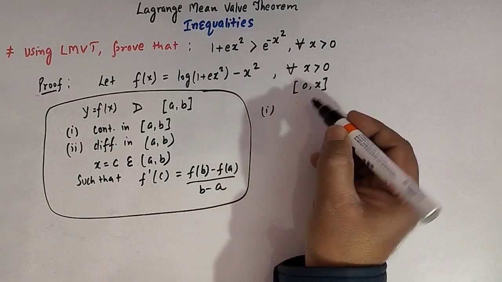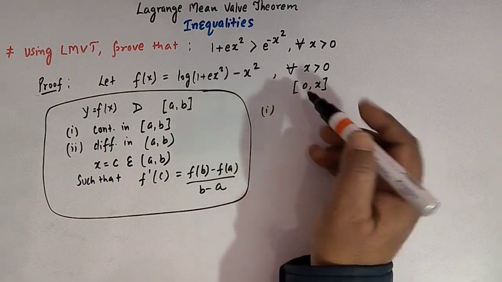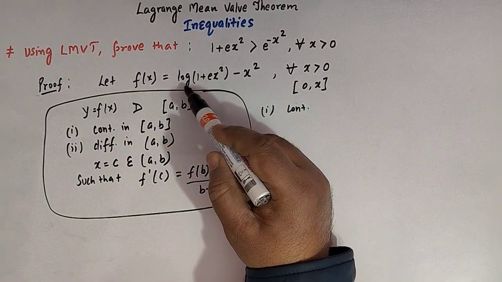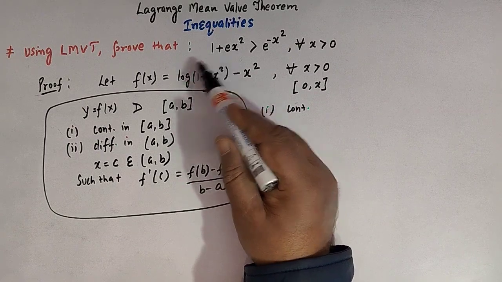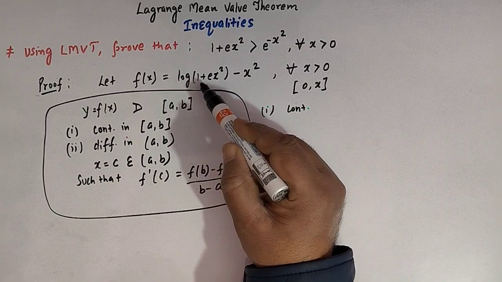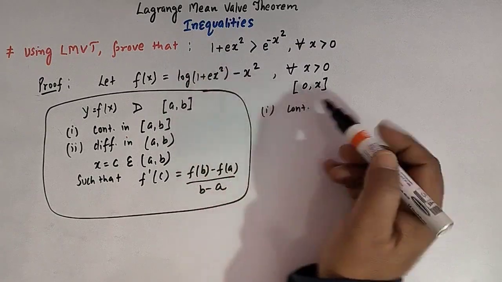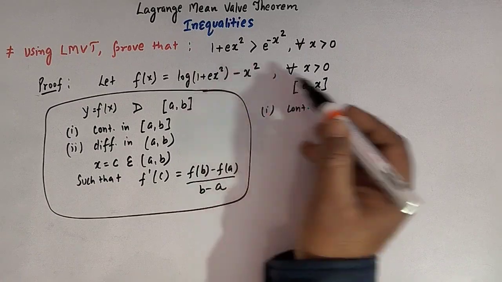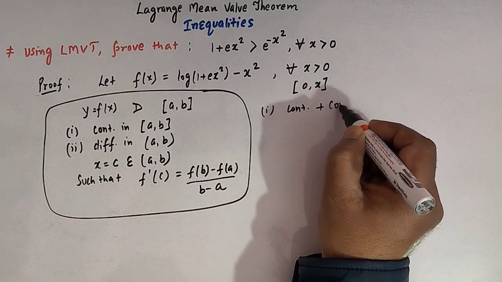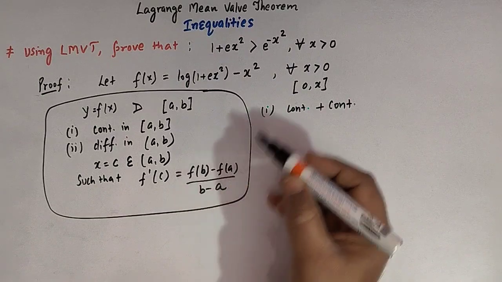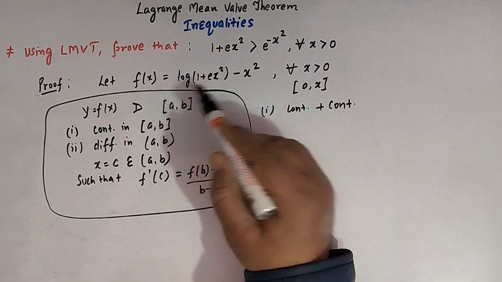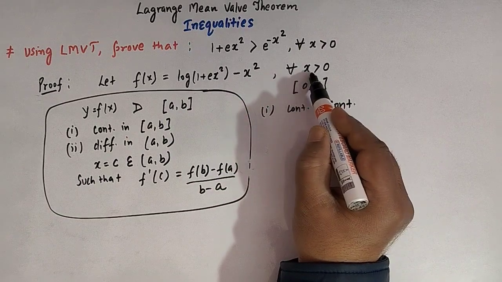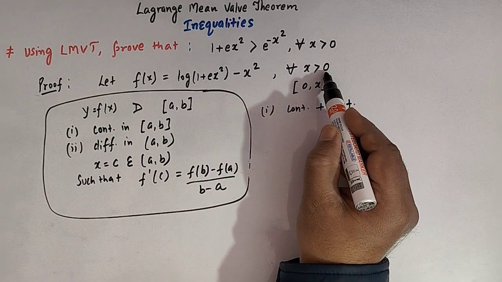We know that the log function is continuous in the domain D in which it is defined, and this polynomial function is also continuous. So we have the combination of two continuous functions for all x greater than 0.